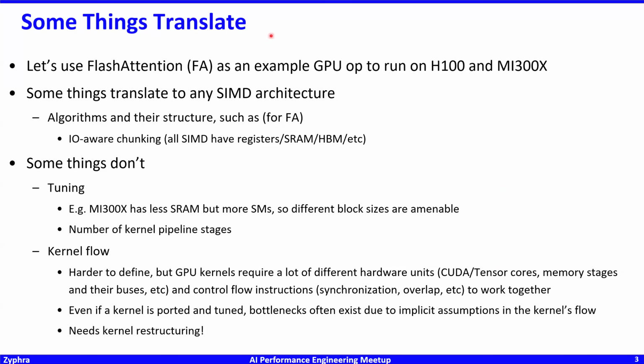So some things translate when you have a kernel, let's say on NVIDIA, and you want to translate it to some other GPU architecture. Let's use flash attention as an example GPU operation that we run on an H100, and we want to run it on, say, an MI300X. We're one of these companies that does training on NVIDIA and inference on AMD.